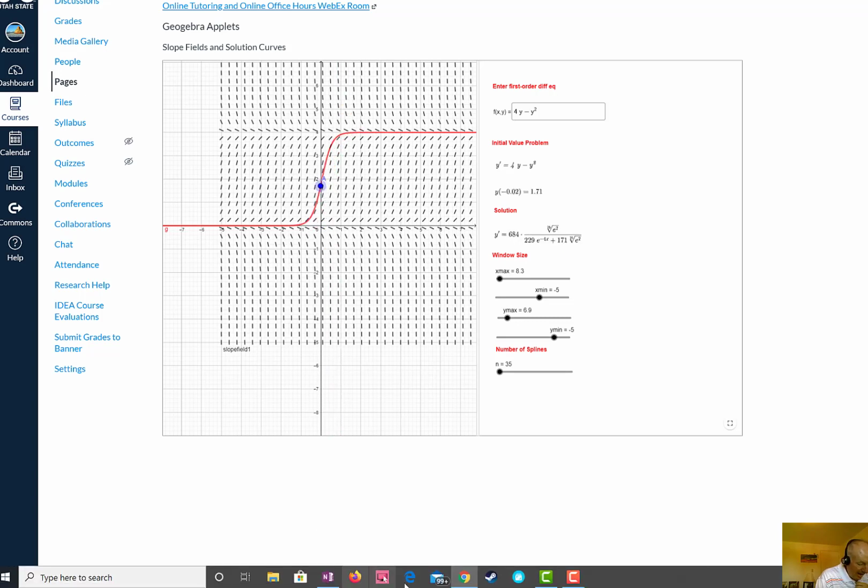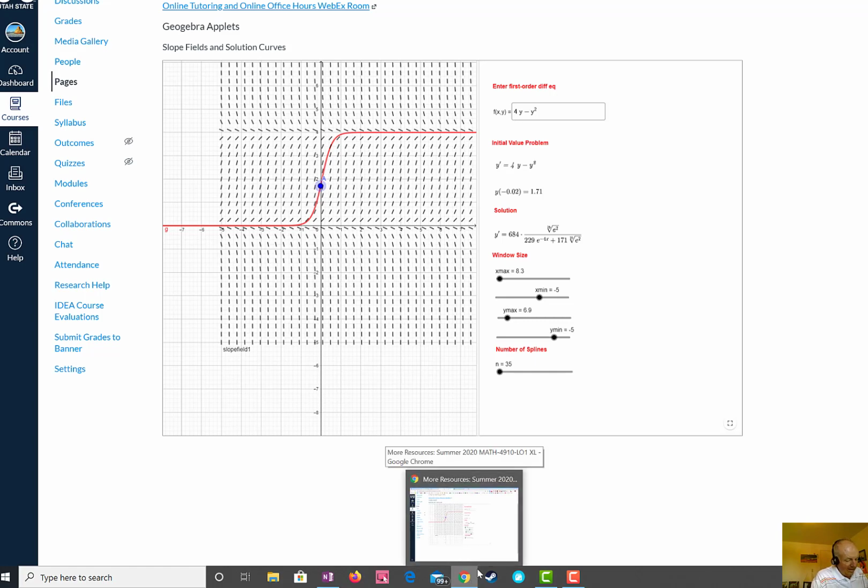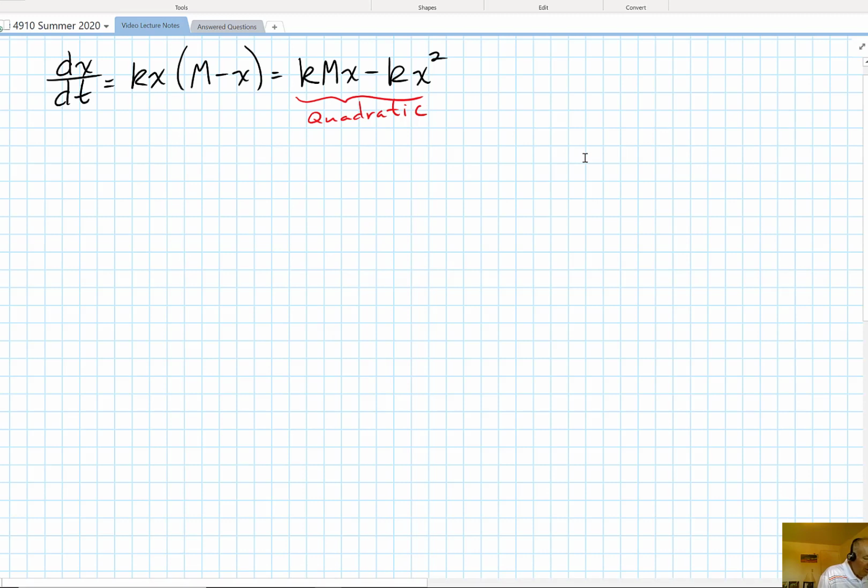All right, so we start with that, and if we're trying to model populations, we obviously have other considerations that can lead to different kinds of models that deal with different kinds of situations.